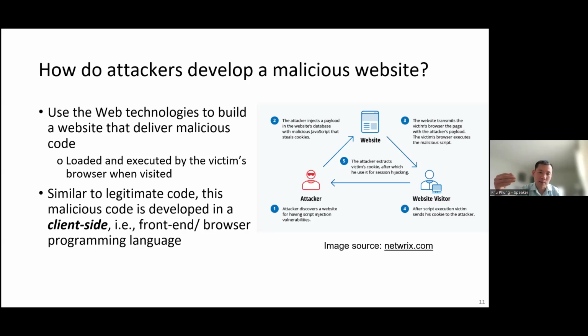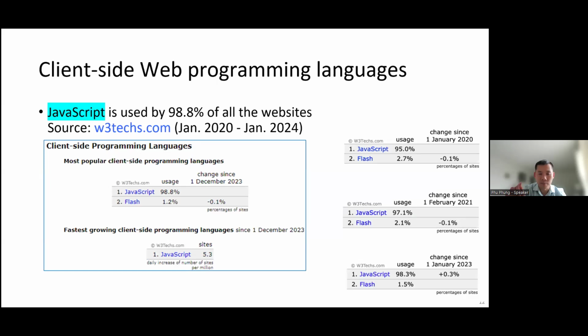I want to note here that because this is a web attack, the challenge and the difference is that the code is developed and stored at the server side. However, it will be executed at the client side. It means that the code will be downloaded and run in the victim's browser, right? And the language that is used for this is JavaScript.